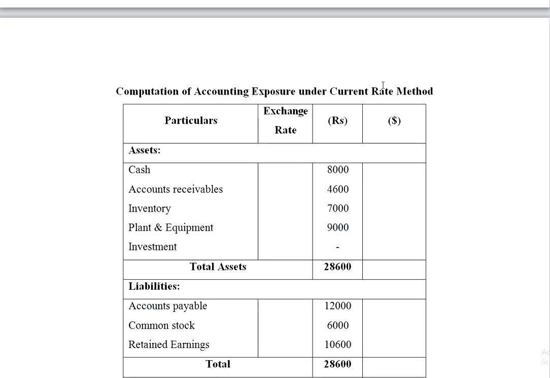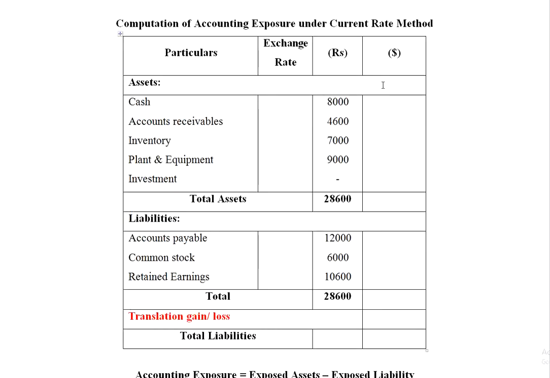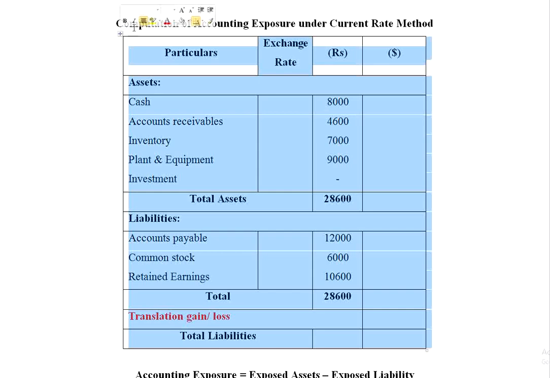Okay, now I have already prepared the format, which you all know about. See, you can see the question, you can see the heading, computation of accounting exposure under current rate method, he says.